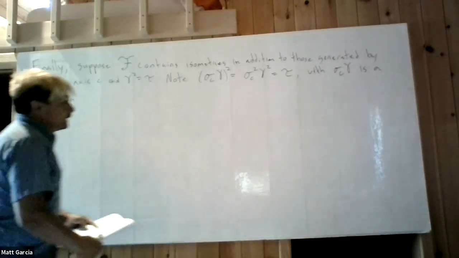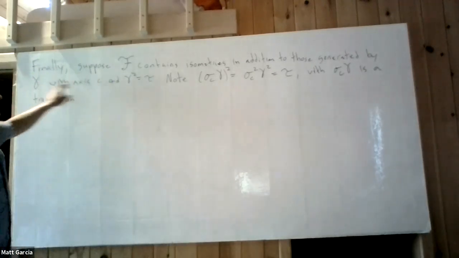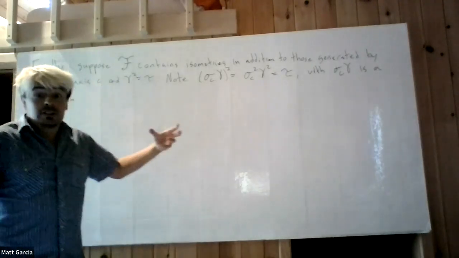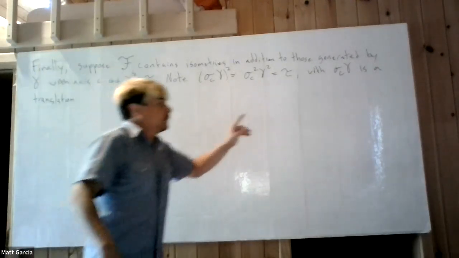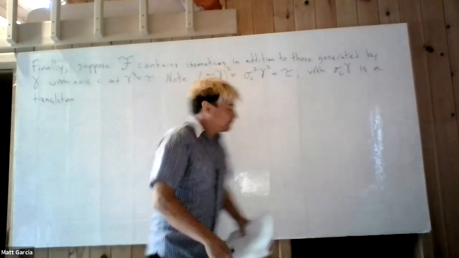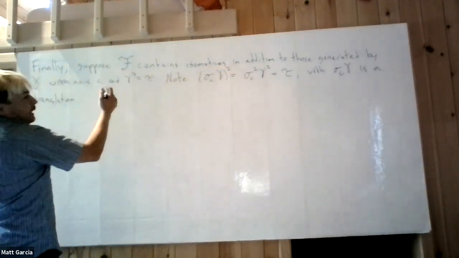Another way to see it is that gamma, since it has axis C, has sigma sub C as its leftmost factor, right? So I'll just write this down really quick.